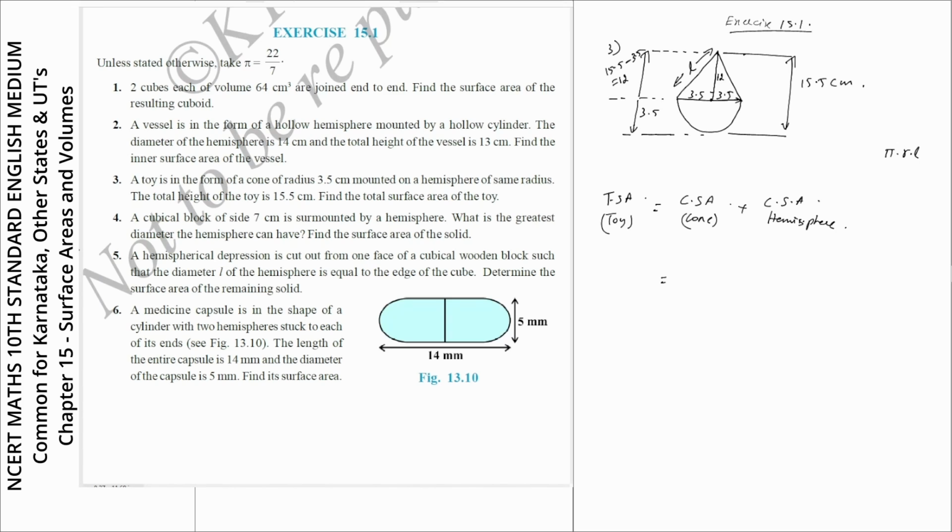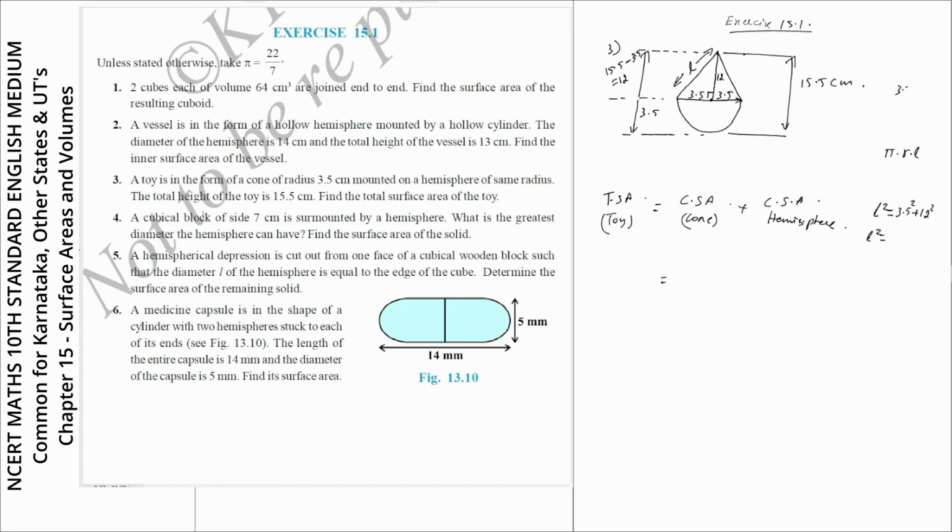Now here this is a right angle triangle, therefore applying Pythagoras theorem, L square is equal to 3.5 the whole square plus 12 the whole square.